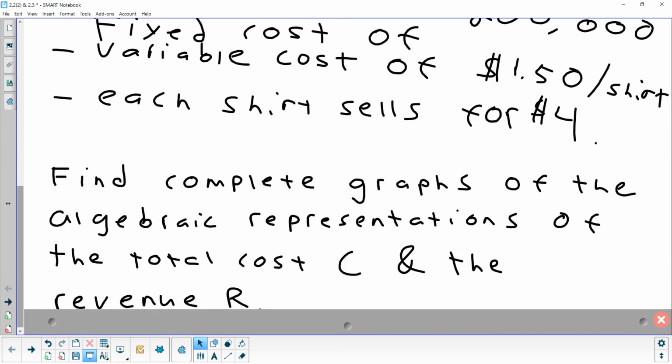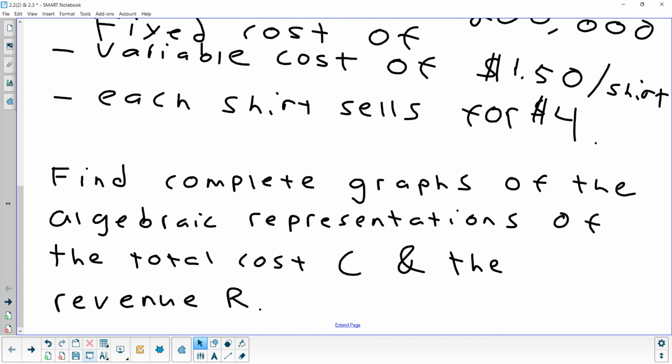And once we come up with those two equations, then we'll graph them on the calculator and see if we can look for an intersection point where the cost and the revenue cross each other. All right, so let's start with the cost.